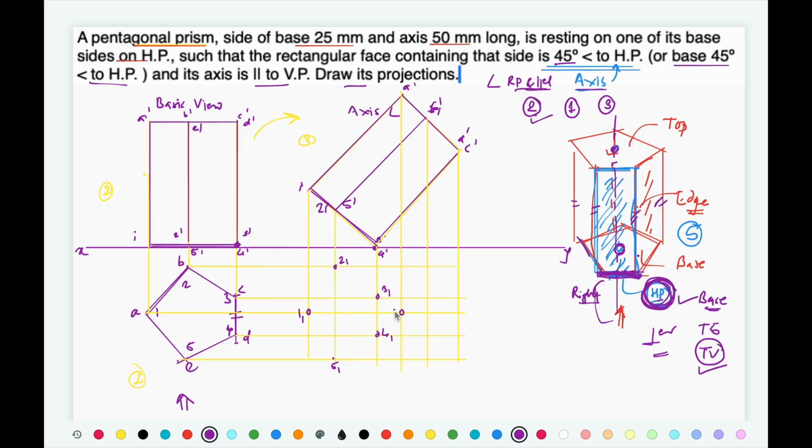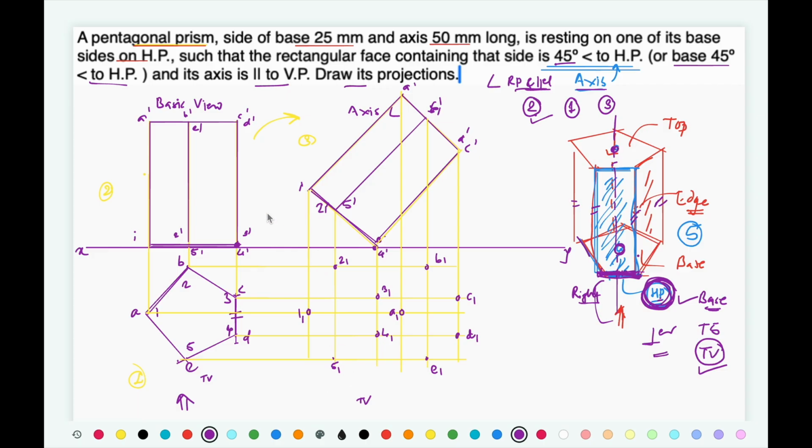Similarly A1, B1, C1, D1 and E1. I have changed nomenclature over here because this is also top view, this is also top view, but those two are having different shape, size and dimensions, so both cannot have the same nomenclature.